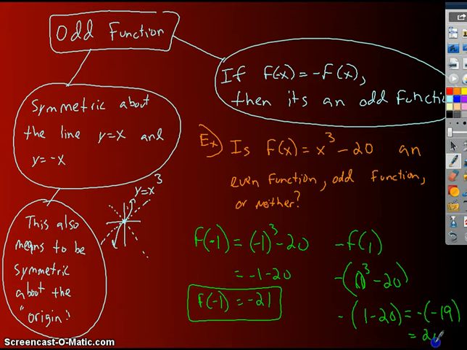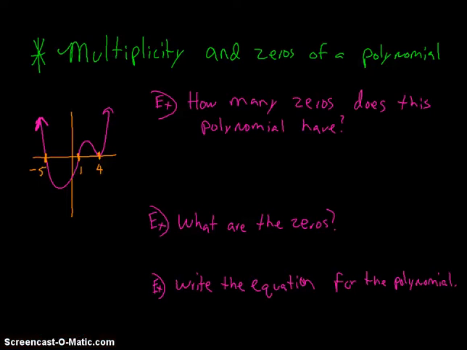So that isn't the same thing as negative 21. This is neither even nor odd, because if it was odd, they both would have to be the exact same thing. So it's neither.